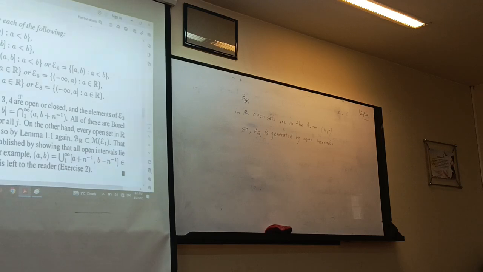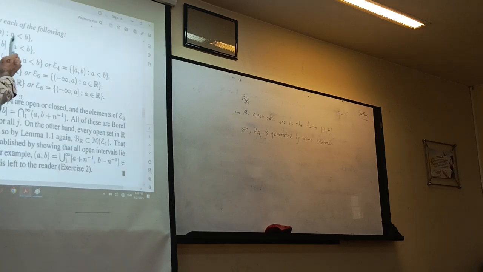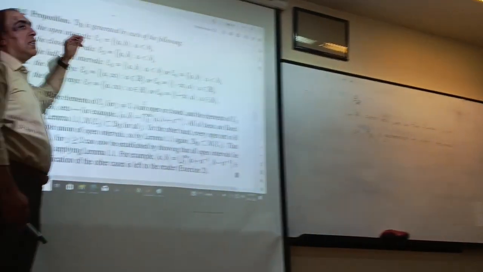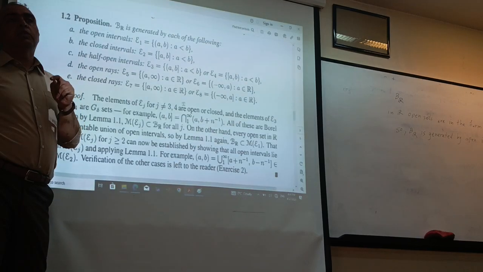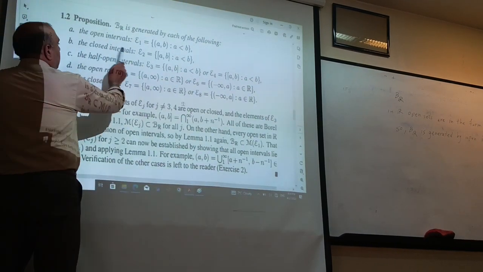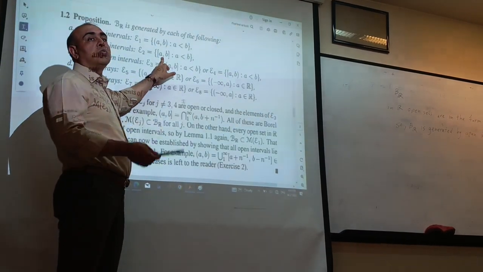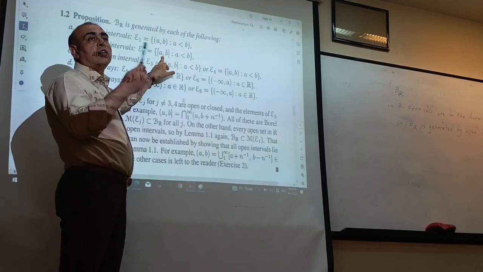One, the open intervals: E1 is the set of all open intervals in R. Also, two, the closed intervals: the Borel sigma algebra on R is generated by E2, the set of all closed intervals on R.